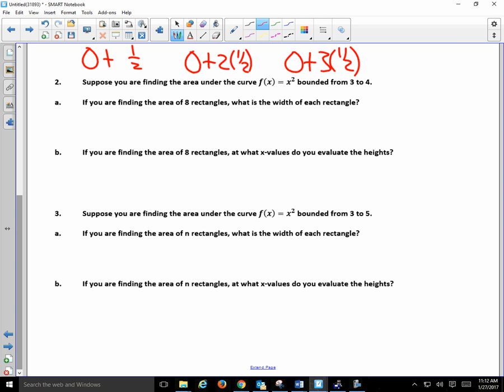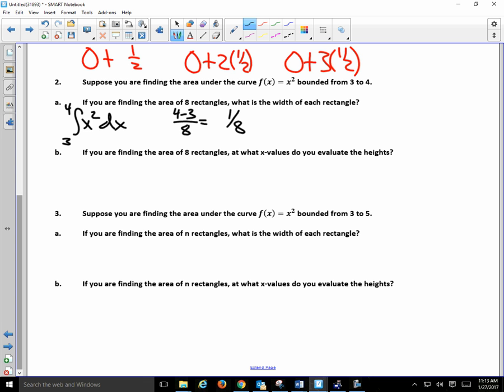All right, let's switch it up. Okay, bounded from 3 to 4 this time. 3 to 4 of x squared dx. 8 rectangles. What's the width? 0.125 or 1/8, right?